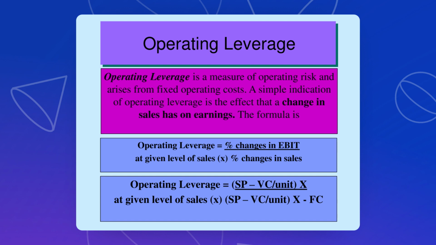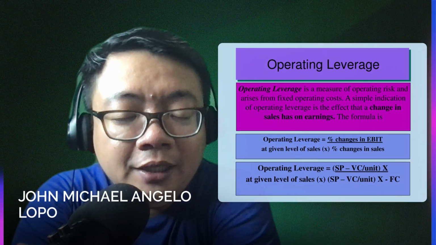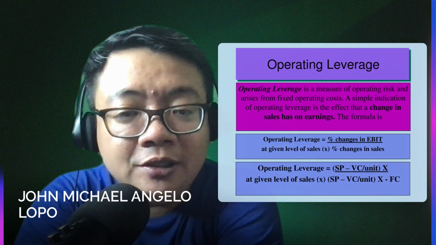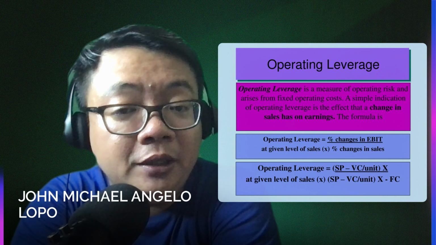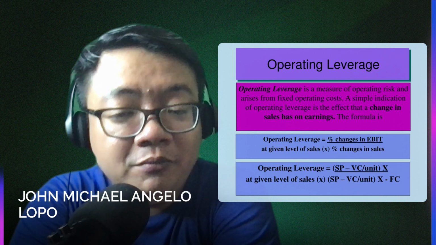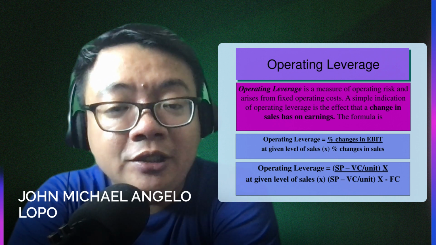A simple indication of operating leverage is the effect that a change in sales has on earnings. So the very first formula for operating leverage is the percentage change in EBIT divided by the percentage change in sales.